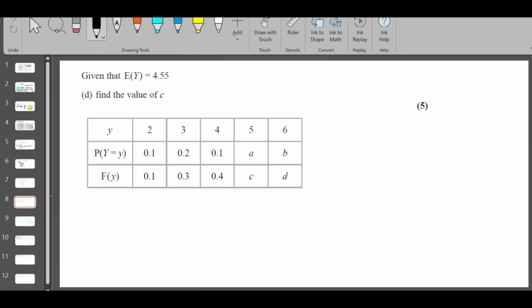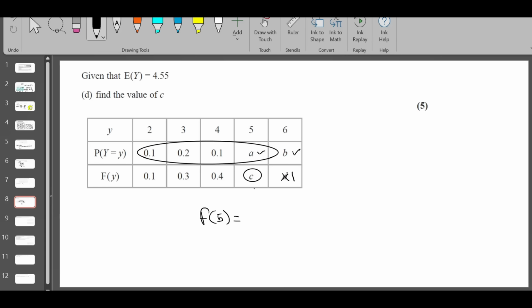Now given that E of Y is this, find the value of C. They want us to find the value of C actually. We know D is 1. If you know the value of A and B, C is basically F of 5, right? F of 5 is basically the sum of all these probabilities.